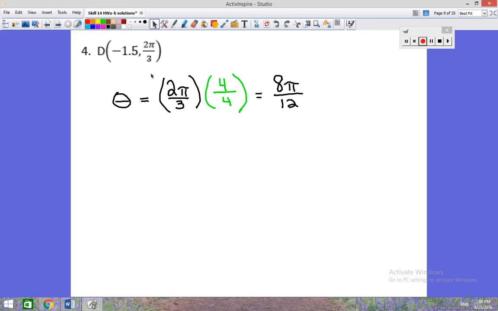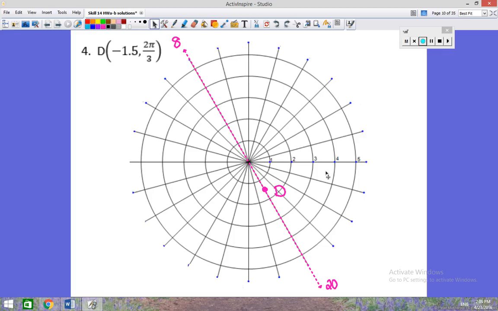2 pi over 3 converted to a denominator of 12: count over 8. If I go 8 divisions, the opposite ray, if I add 12 to that, is 20 over there. This is why I suggest you start with the angle measure versus the radius.